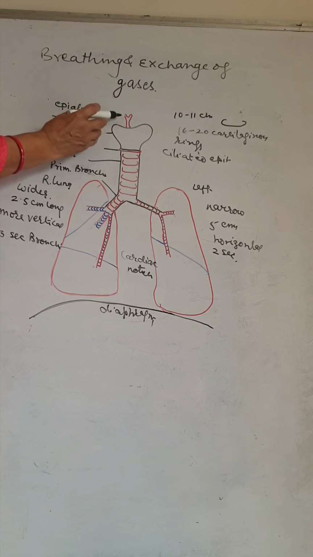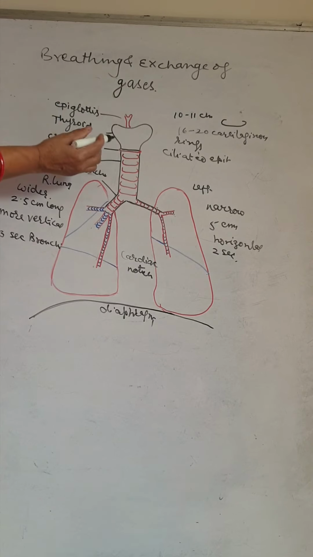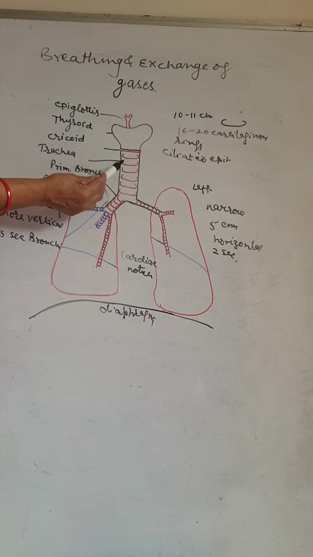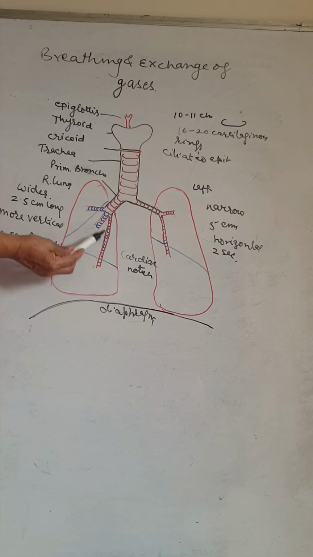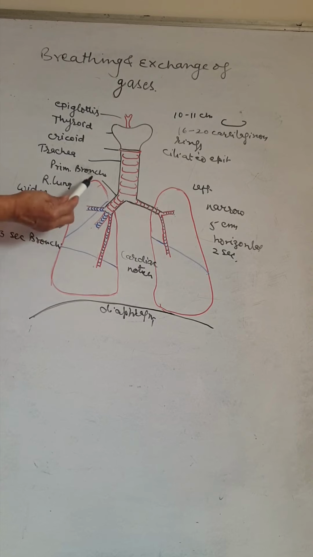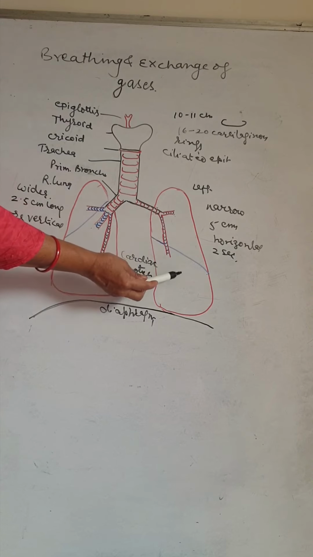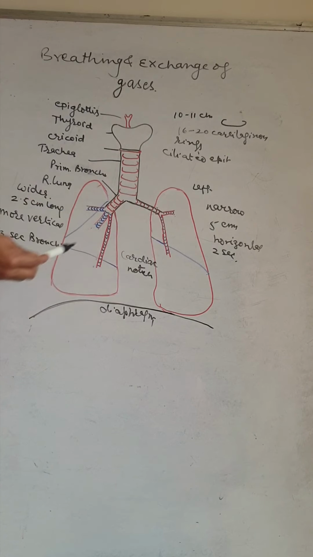So this is the epiglottis, thyroid gland, cricoid cartilage, trachea, primary bronchi, secondary bronchi, three lobes in the right lung and two lobes in the left lung.